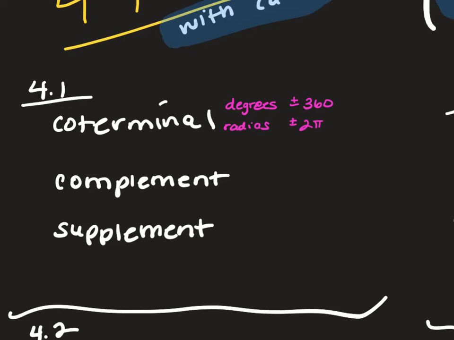The complement, if it's in degrees, we subtract the angle from 90. If it's in radians, we subtract the angle from pi over 2. Supplement, if it's in degrees, it's 180. If it's in radians, it's pi.